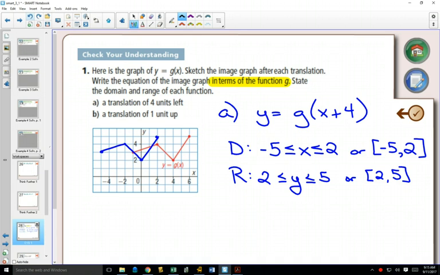And range is like? You just did the domain part, okay. Anybody else have memorization strategies? Some people say, well, x comes before y in the alphabet, and domain comes before range in the alphabet, so I remember it that way.